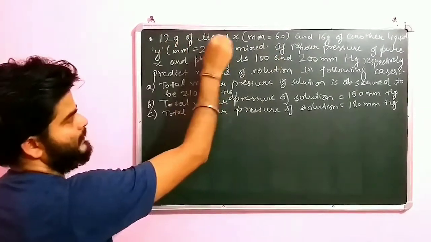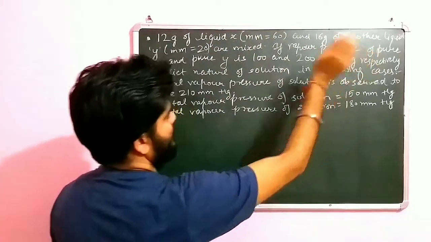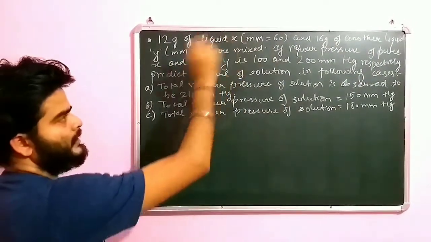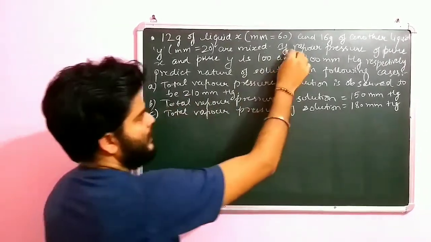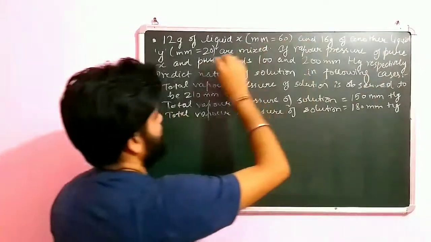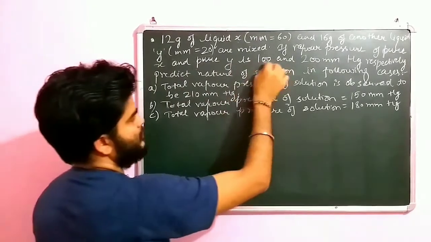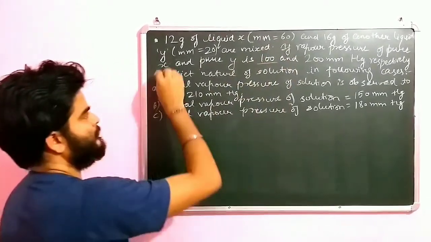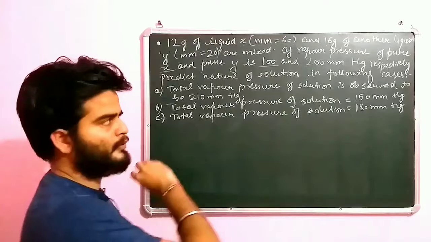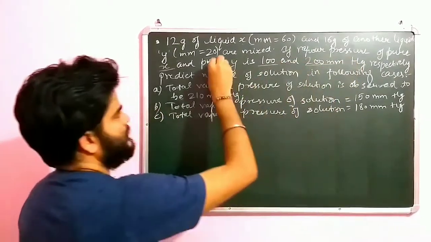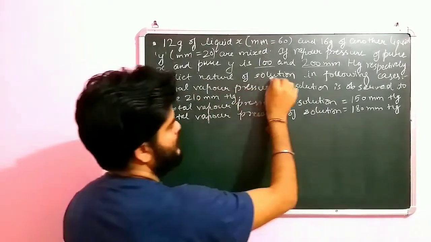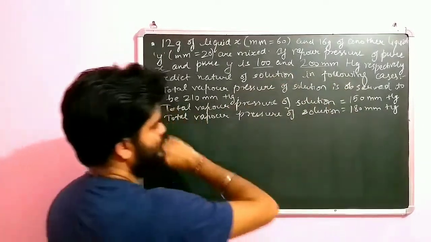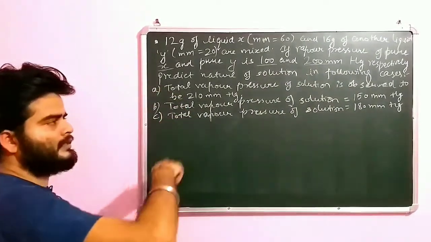It means 12 gram X and 16 gram Y are mixed, and molecular mass of both X and Y are given. The vapor pressure of pure X and Y are also given. This is the vapor pressure of X in pure state. This is of Y in pure state.